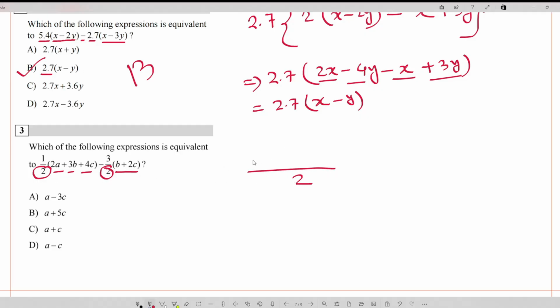So in this case, here is 2a plus 3b plus 4c minus, here is 3b and minus 3 times 2, it means 6c, right? Now look, here is 2a.